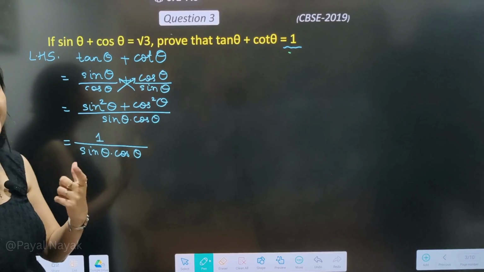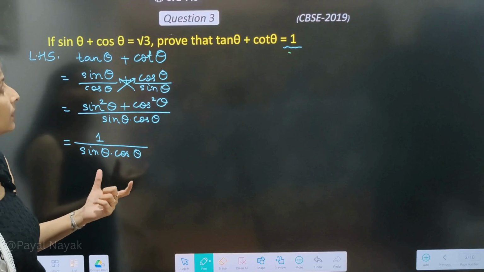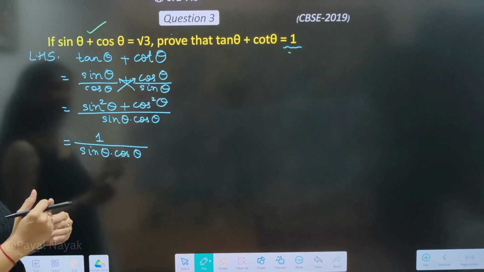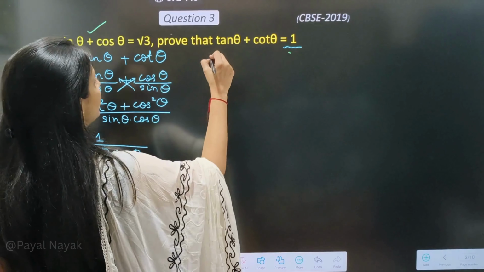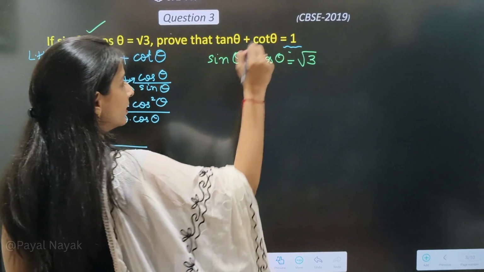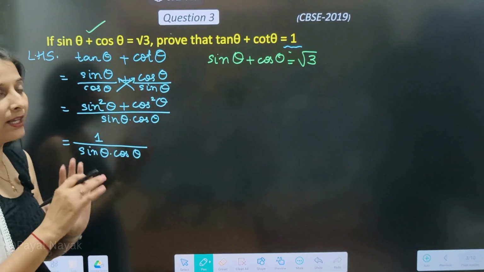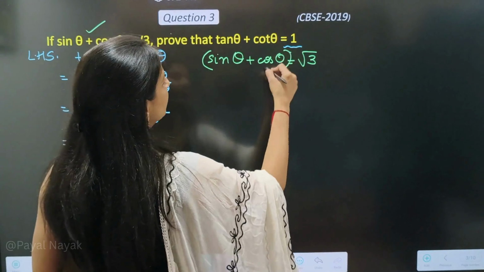But you can't write it as 1 on your own. So now since this data is given to you, we will be utilizing this data. So let us utilize this data. So we'll write down this data first as it is: sine theta plus cos theta is equal to root 3. Now when can you get a term sine theta into cos theta? If I just square both the sides, right?